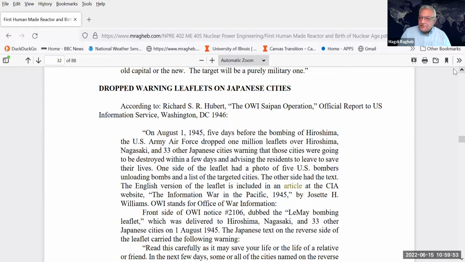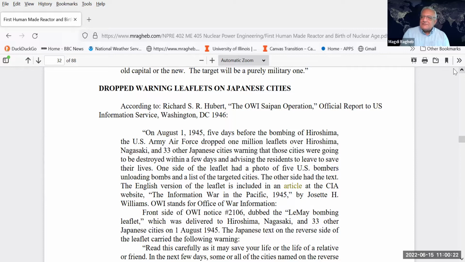A group of scientists started feeling guilty about the possible loss of human life from a weapon made out of plutonium or uranium-235. So there were discussions at the highest level between the scientists and the people in the military and the political intelligentsia, I would call it, about giving the Japanese a warning about the possible use of nuclear weapons.